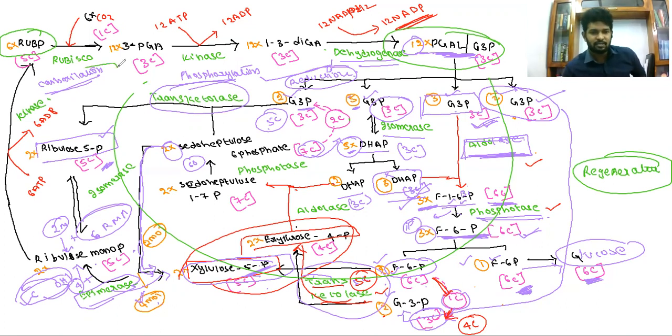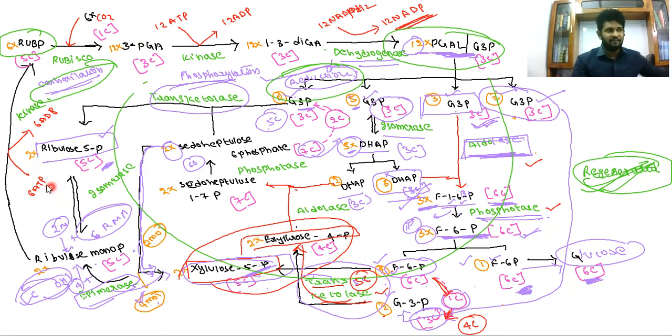One is the carboxylation process, the next is the reduction process, and the third is the regeneration process. And in this process how many ATPs enter the cycle? Here 12 ATPs and here 6 ATPs. Total 18 ATPs are entering the cycle.